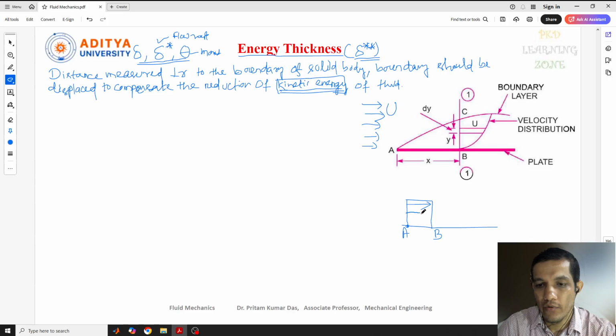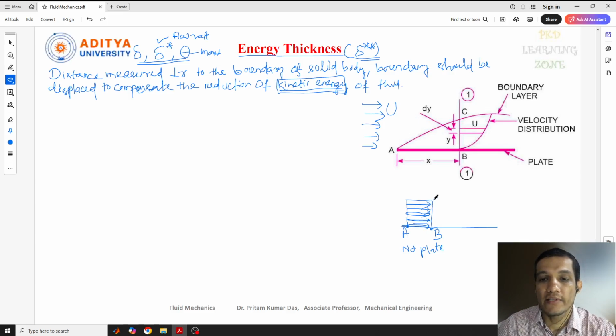The same rate of flow you can find at point B also. And the velocity will be similar, the streamline velocity will be found everywhere, because there is no obstruction. No plate was considered for this condition.